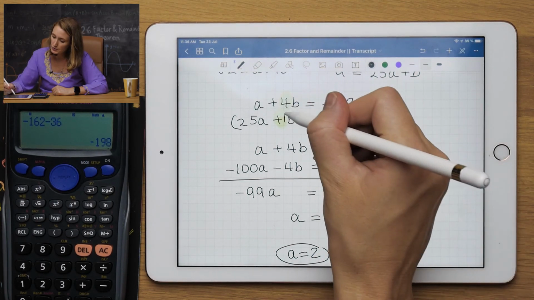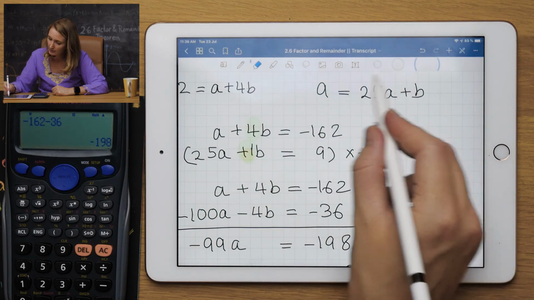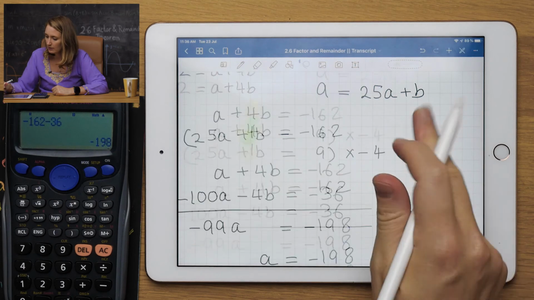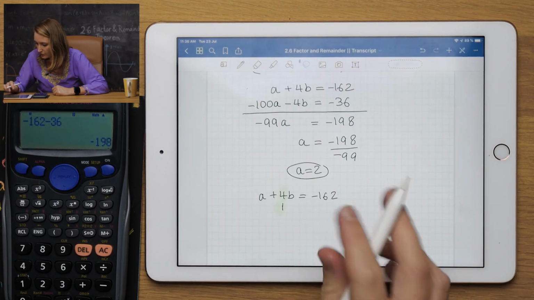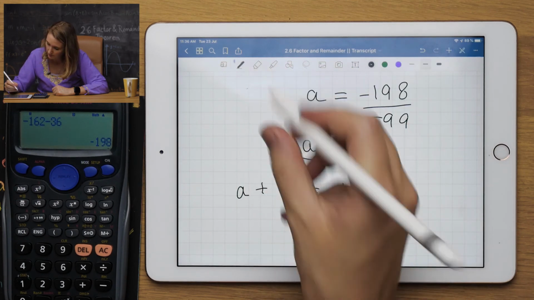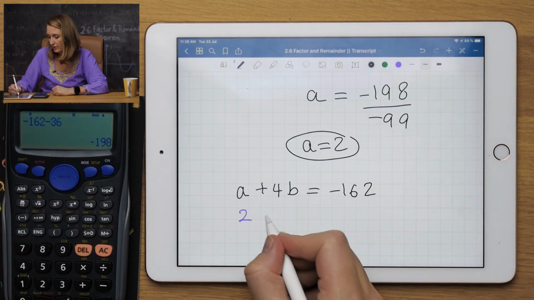Once you've got 2, you can loop back to your first line. So in my case, I would loop back to here. And you can substitute a is equal to 2 to calculate b. So here's a, we can put there 2 instead.